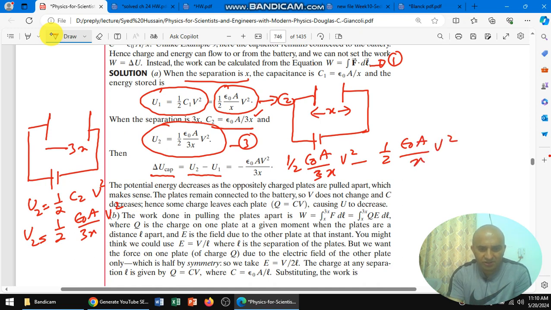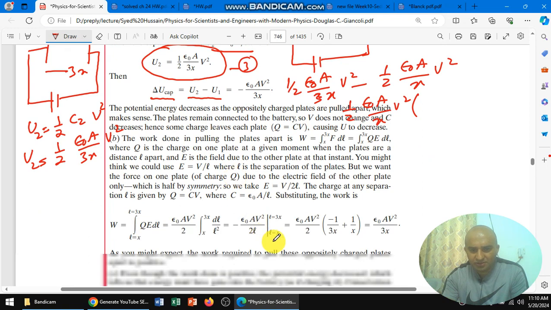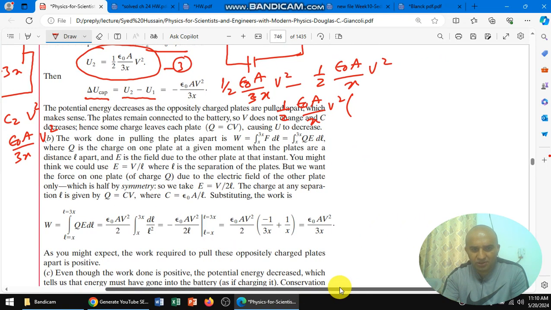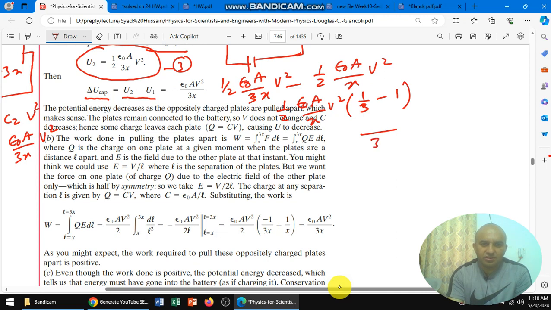All the terms are common, so we take half epsilon naught A over x V squared common. From the first term we have 1 over 3, from the second term we have minus 1. So 1 over 3 minus 1 gives us 1 minus 3 over 3, that is minus 2 over 3.